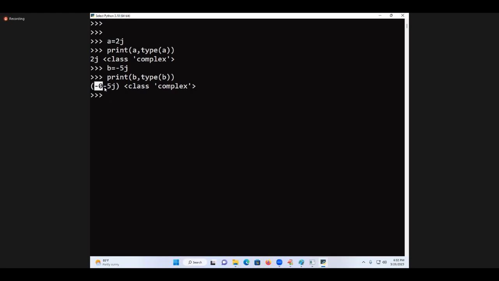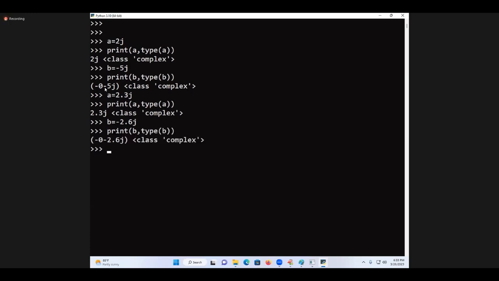Understand, students? Okay. Now I am writing A is equal to 2.3j. You can also check this A type. See, students, B is equal to minus 2.6j. Right? Now B type is called what? Minus 0 minus 2.6j, class complex.